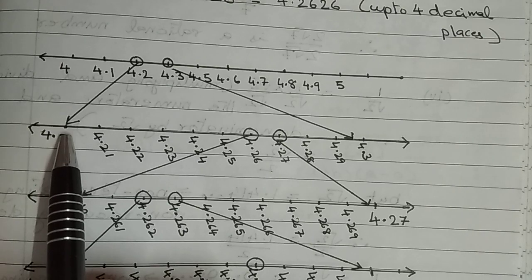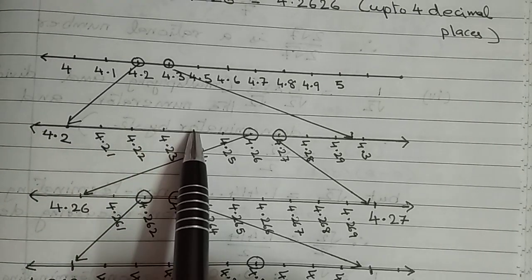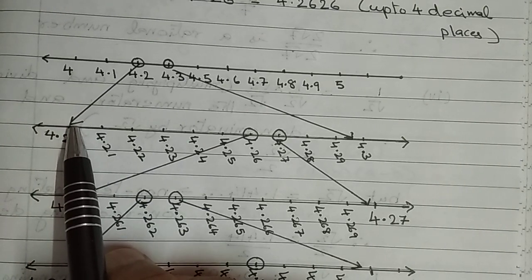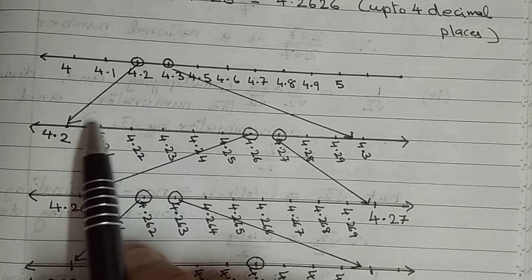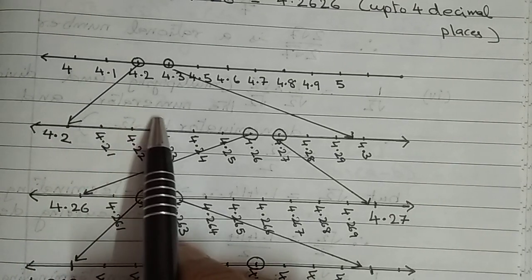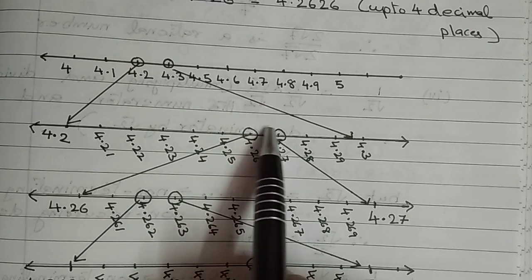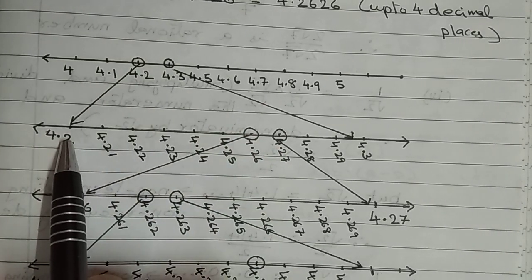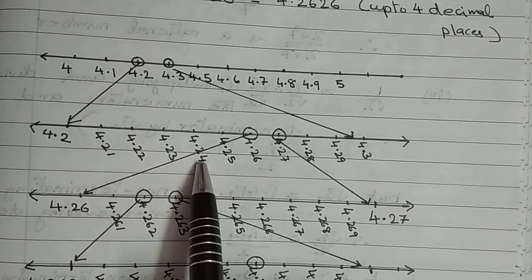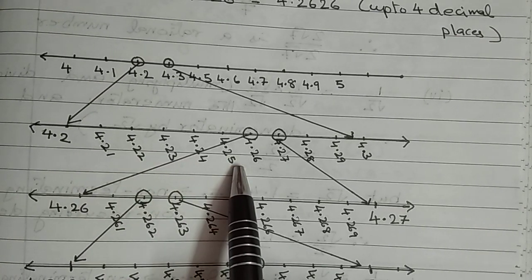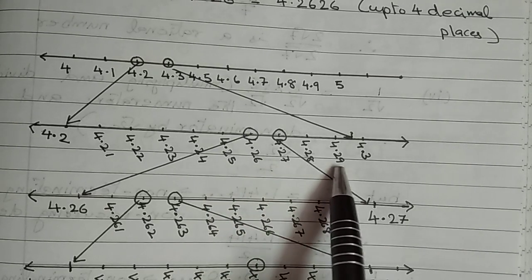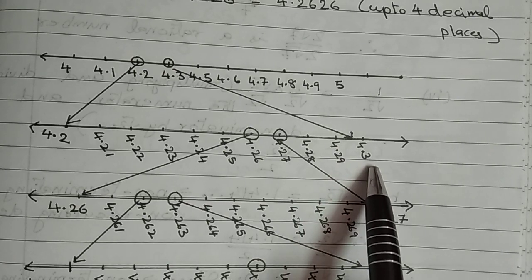And here also we are putting 11 equidistant points, and distance between two points will be 1 centimeter, and make sure that the distance will remain the same throughout. It will start with 4.2, then 4.21, 4.22, 4.23, then 4.24, 4.25, 4.26, 4.27, 4.28, 4.29 and 4.3.